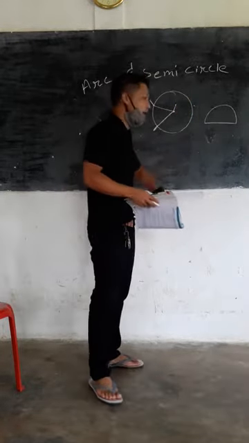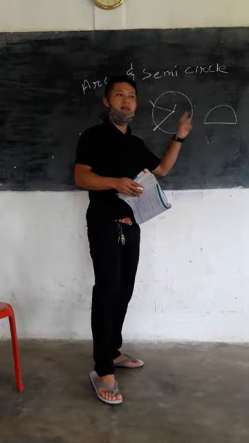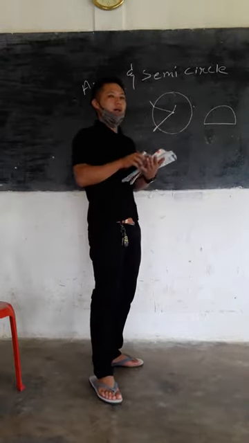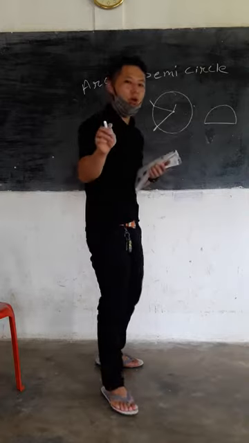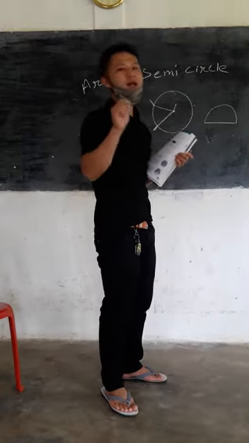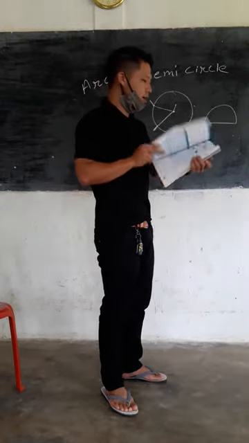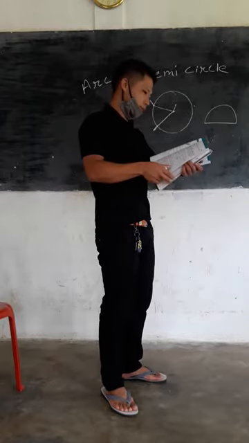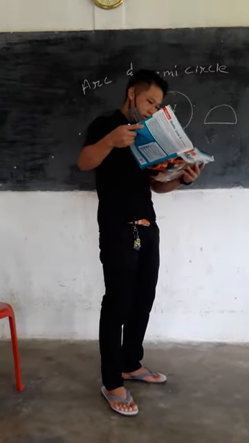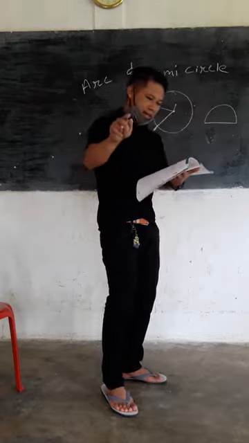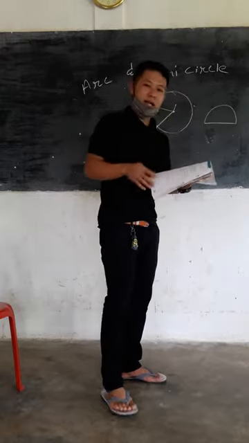It has a diameter, it has a radius, but a semicircle is known as the half of the circle. So that is the end of exercise 10.3.